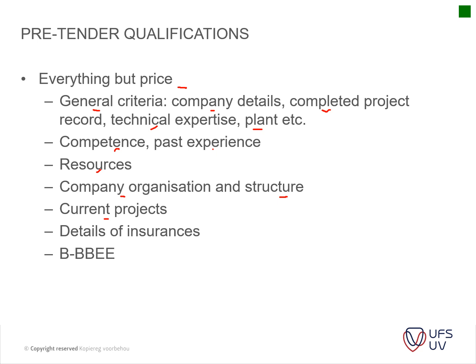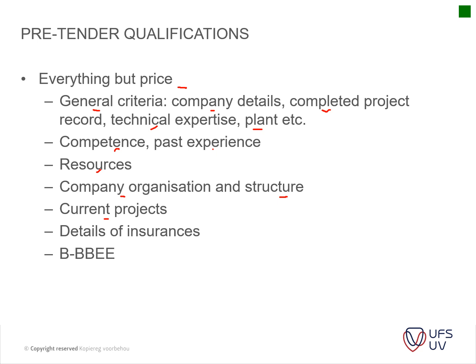So sometimes it might be neck and neck between you and another company, but it might be a situation where you are a bit overcommitted at this stage, so you might not be able to do the work in the next few months. Then it would be better for the client to rather give it to someone that doesn't have that much work.